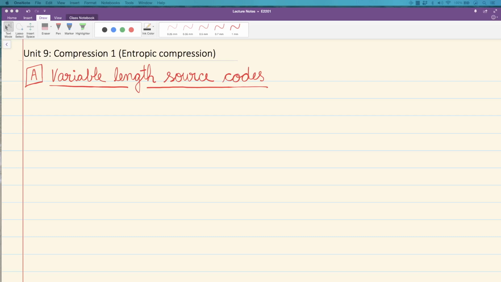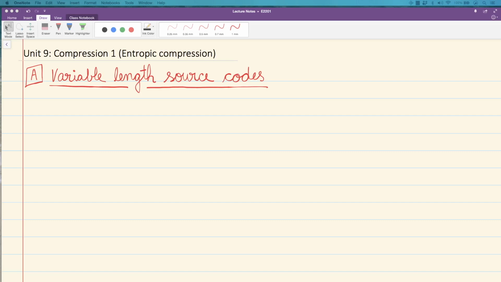What we will also look at in the next unit is what happens when you learn this distribution from the data itself. That paradigm is called universal compression. Both these topics fall under what is called entropic compression, where we want to compress a sequence of symbols to as many bits as the entropy of that source.